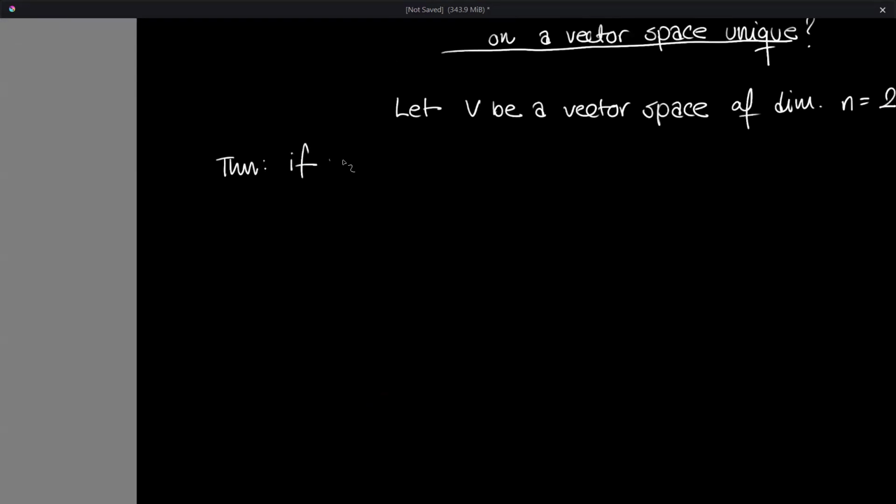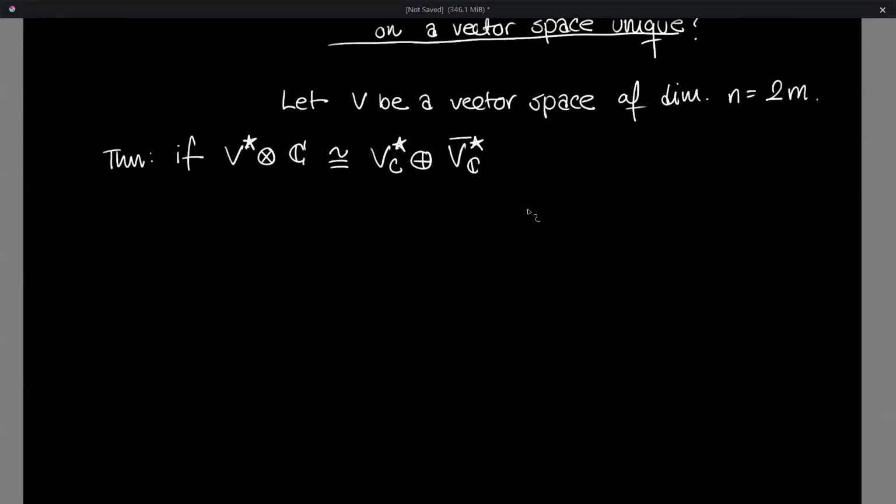If V star cross C can be decomposed as VC star plus VC star bar. Well, we know that it can always become decomposed like that.